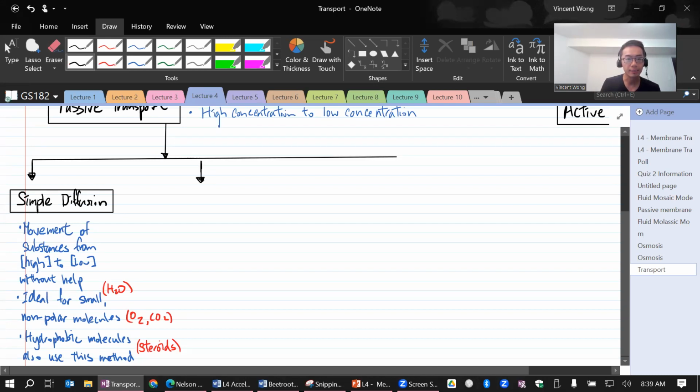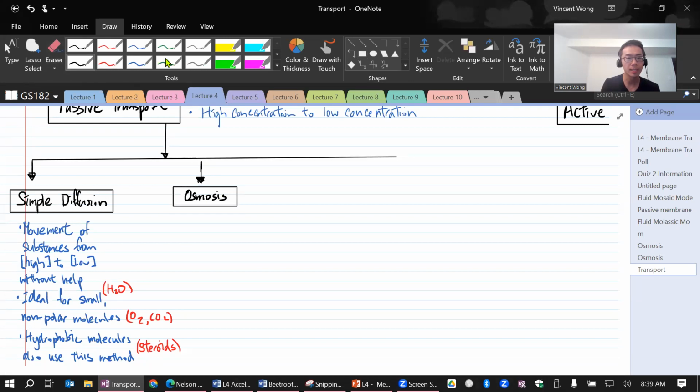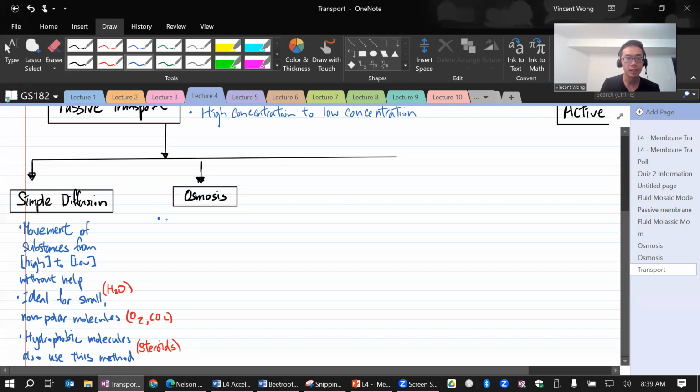And we have another kind, osmosis. Osmosis is basically the diffusion of water. So it's still a type of diffusion, but we're specifically focusing on water.